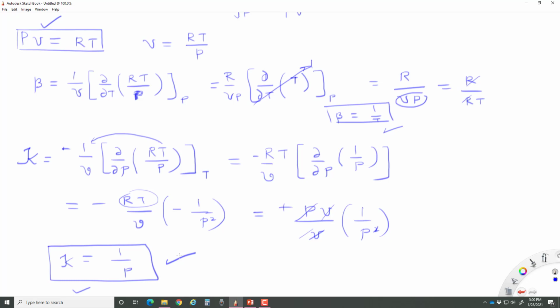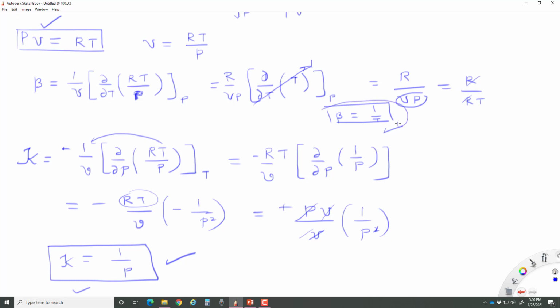That means we can conclude that the higher the temperature, the lower the expansivity, meaning the expansion gets slower and slower as the temperature increases.